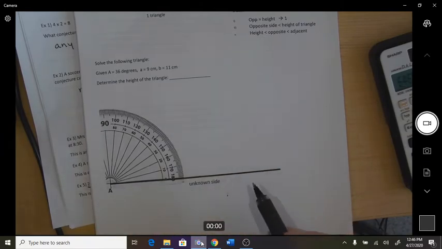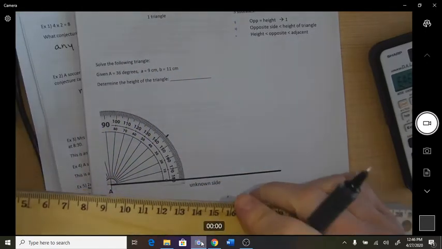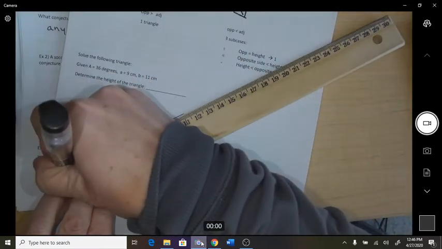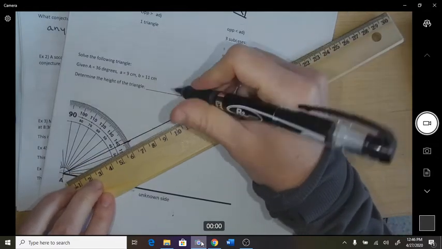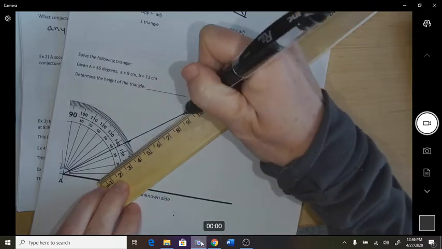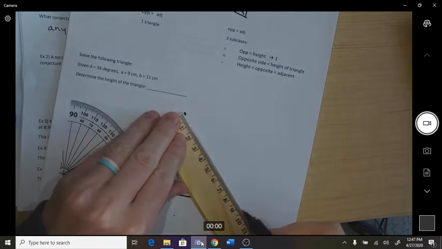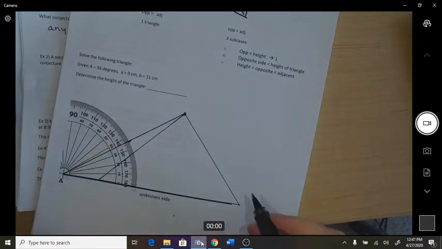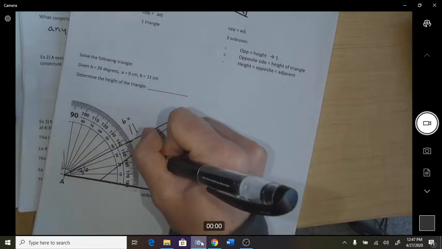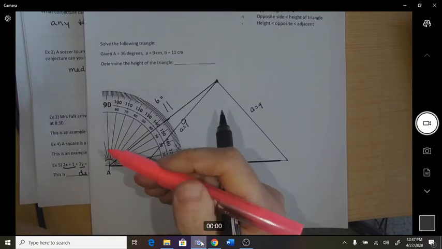So now we're going to solve, and I'm going to use that exact triangle that we did before. So 36 degrees, 11 and 9. So I already know that there's two triangles because we've already done this one. So 9 reaches right here. Okay, so 11, 9, 36. So again, I'm going to highlight two triangles.